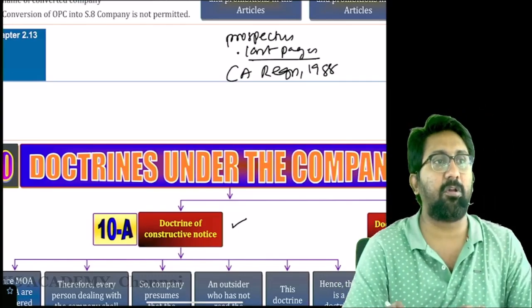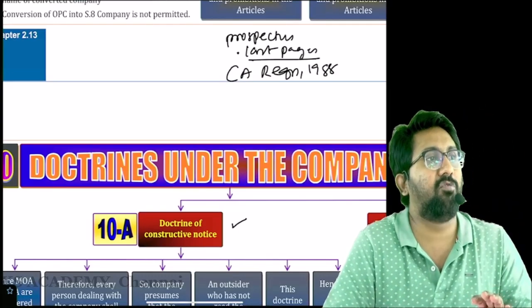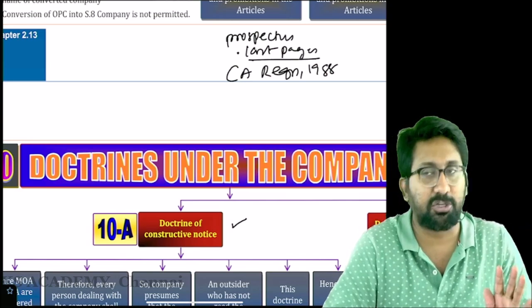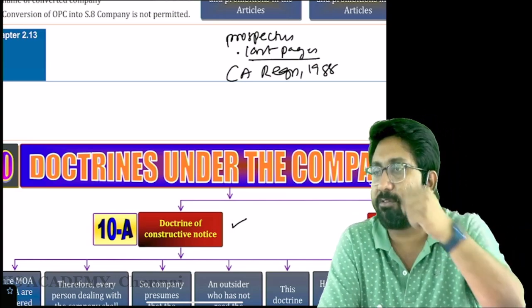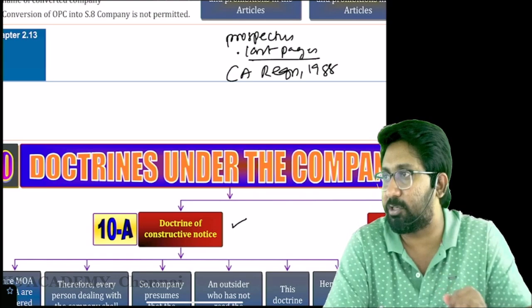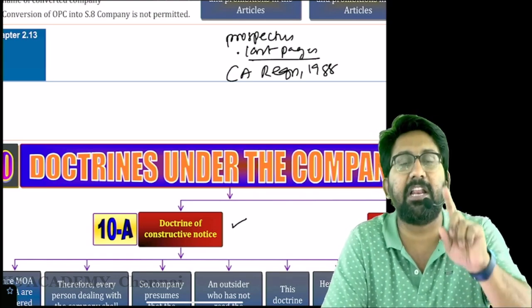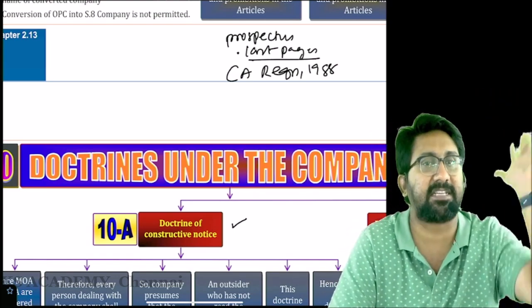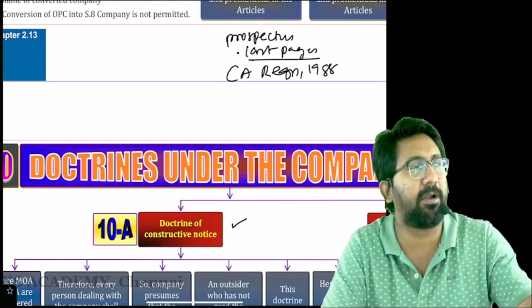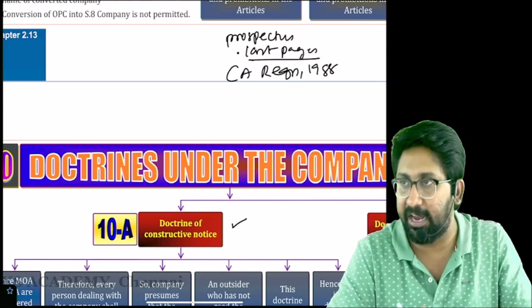In these CA regulations, everything will be there: how the institute is, what the institute's powers are, what the rights of a student are, what the duties of a student are. Everything is told, including examination, pass percentages, etc. Every single point is discussed in the CA Regulations 1988.